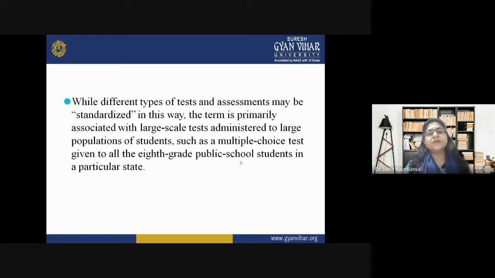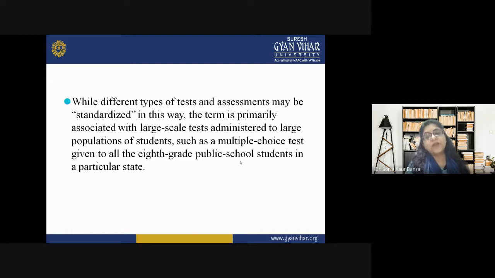While different types of tests and assessments may be standardized in this way, the term is primarily associated with large-scale tests administered to a large population of students, such as a multiple choice test given to all the 8th grade public school students in a particular state. It is standardized in that way so that it is useful for that particular population.